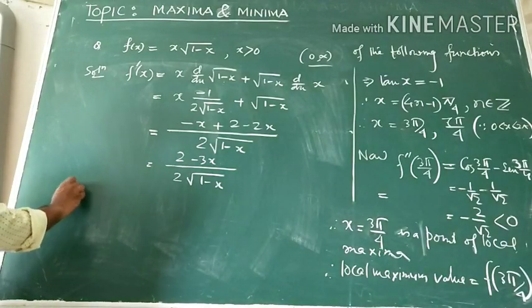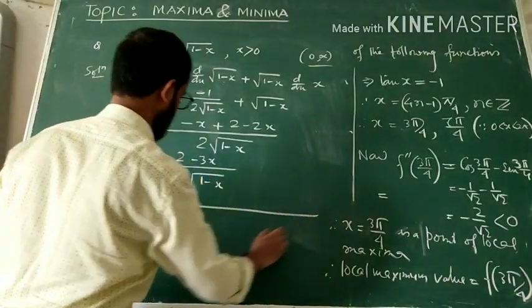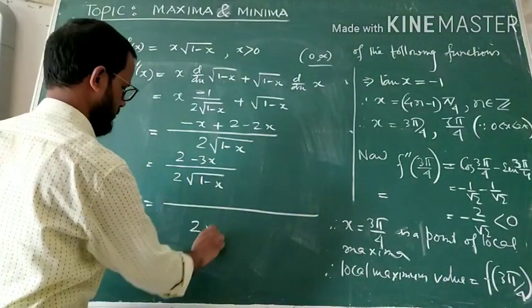Again, f double dash x, you also need this. Again use the u by v method. The denominator is 2 into root over 1 minus x.